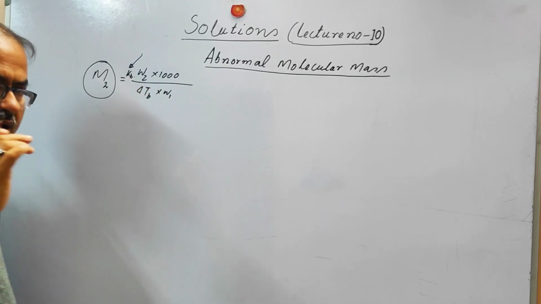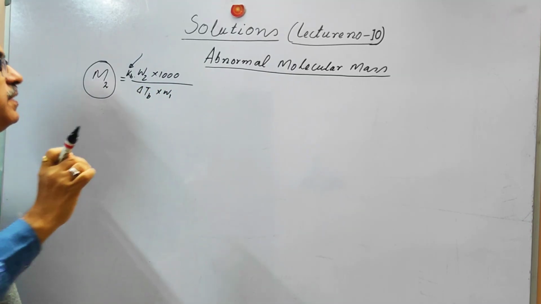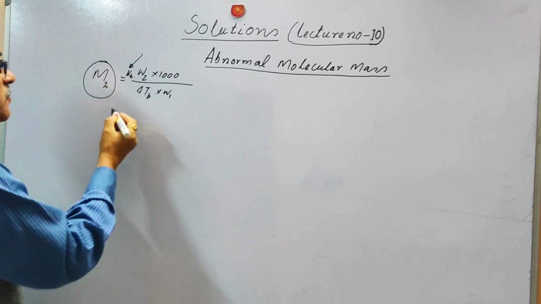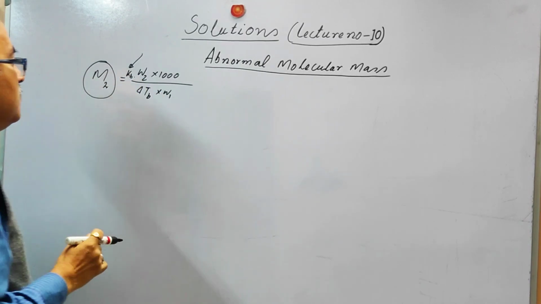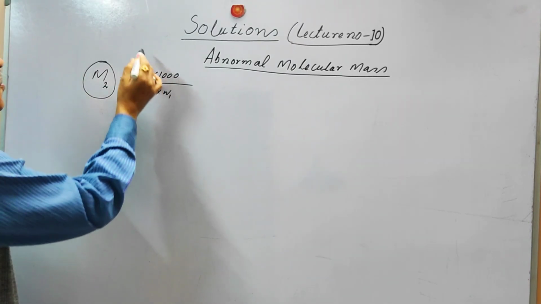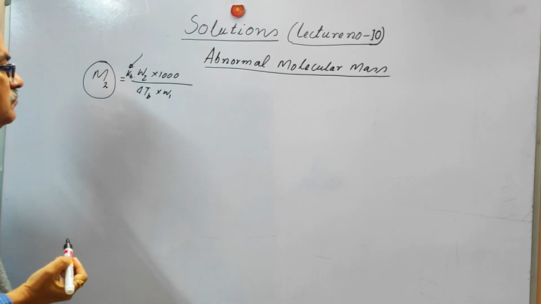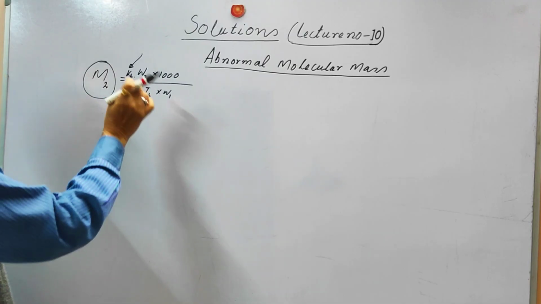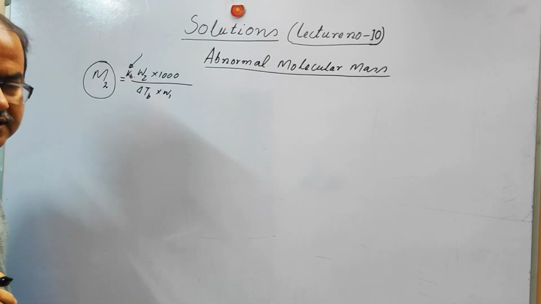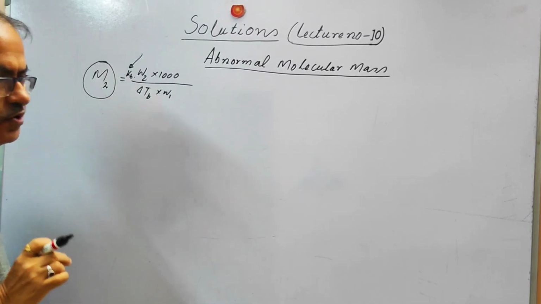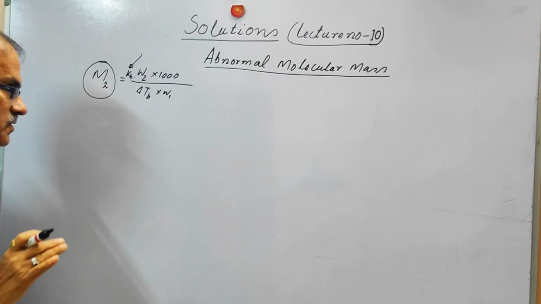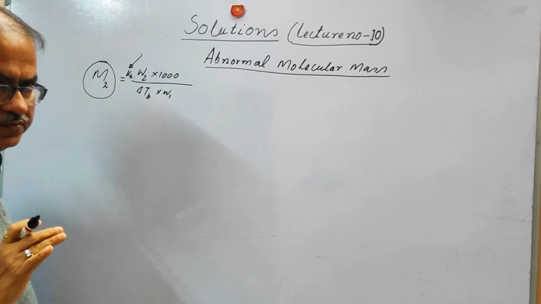W1 is the amount of the solvent in kilograms, and delta Tb is the elevation of the boiling point. From this, you can easily calculate M2 if you know all those parameters. This can be Kf also, and delta Tf, the depression of the freezing point. From this, we can calculate the molecular mass of the solute.